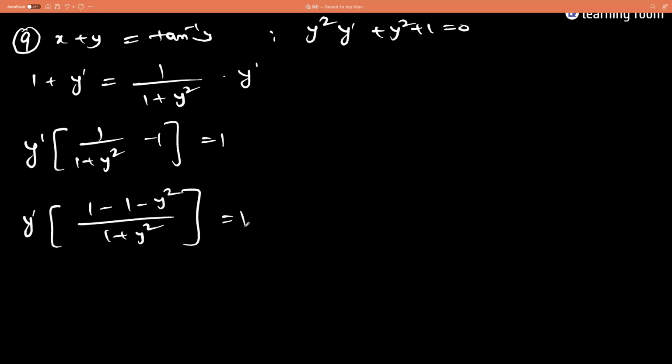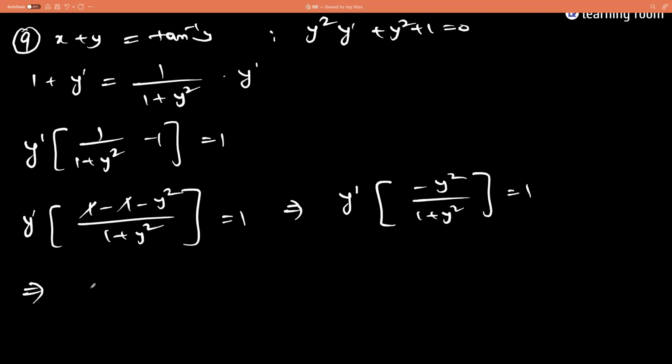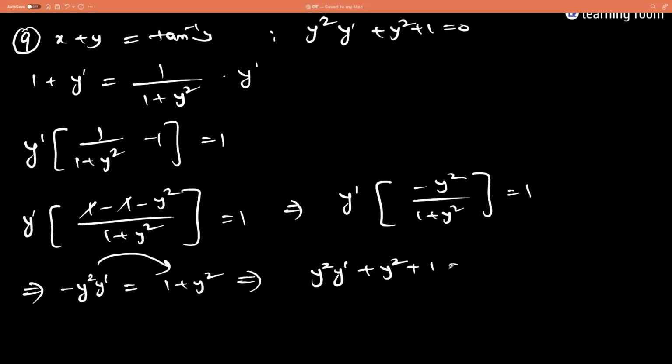This one. So what will get cancelled? 1 and 1 are gone, which implies y dash into minus y square by 1 plus y square is equal to 1. That implies minus y square y dash is equal to 1 plus y square, which implies take it to the other side. y square y dash plus y square plus 1 is equal to 0. Hence, proof.